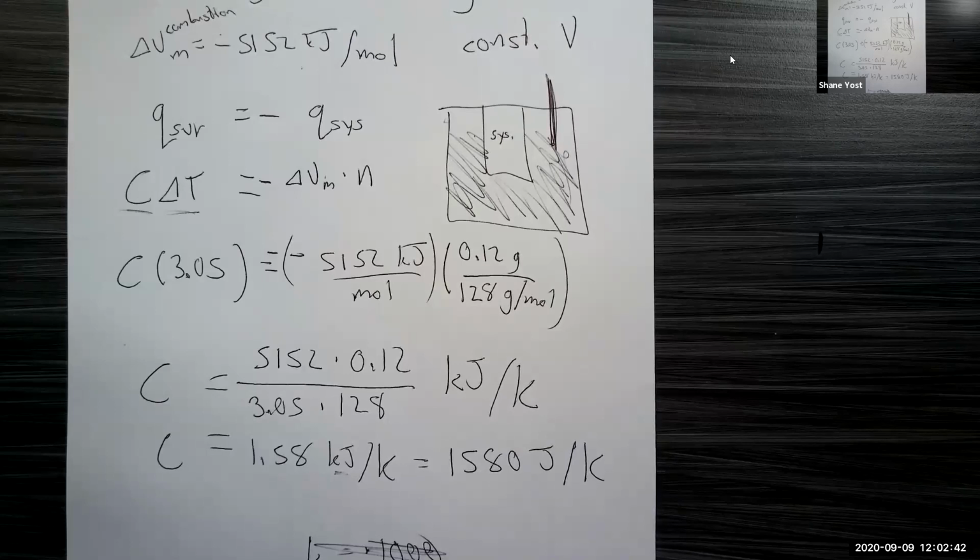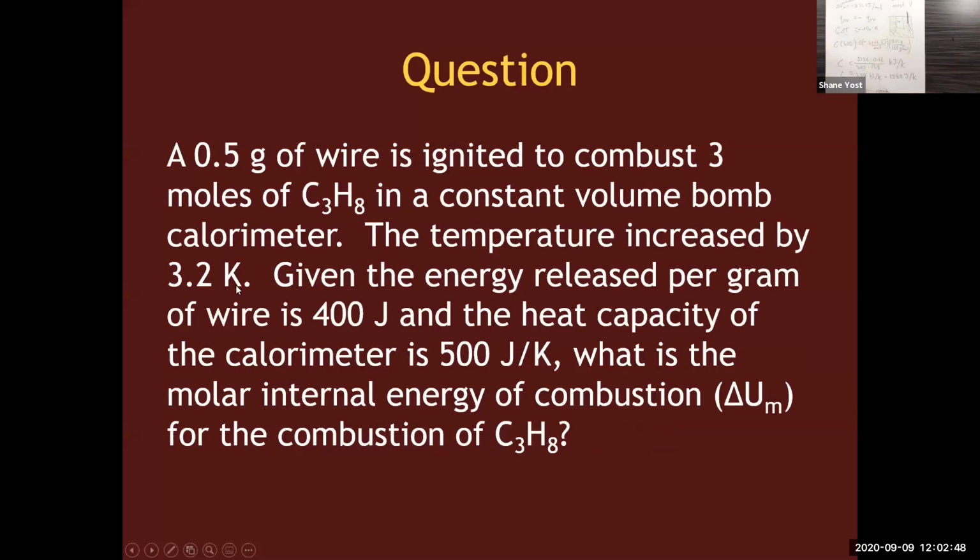Right, so we're going to do another example, another calorimeter problem. Now here in this problem, I take 0.5 grams of wire I use to ignite 3 moles of C3H8 in a constant volume calorimeter. The temperature increases by 3.2 Kelvin in this calorimeter.